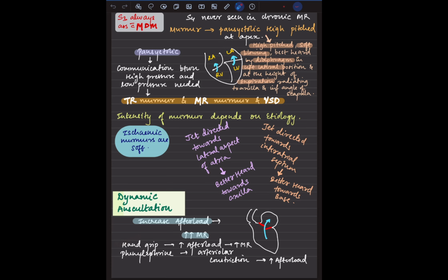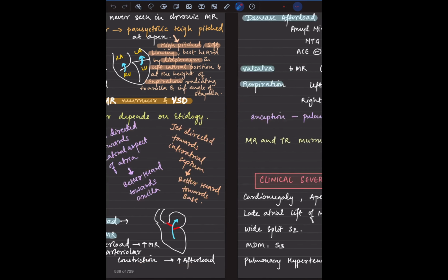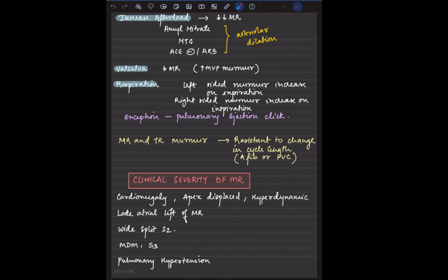And phenylephrine causes arterial vasoconstriction, which also increases the afterload. A decrease in the afterload decreases the MR. Okay, so nitroglycerin has to be given, or we can go with ACE inhibitors, ARBs, like that. And Valsalva decreases the MR. Valsalva decreases all the murmurs. Okay, the exception is MVP and HOCM.